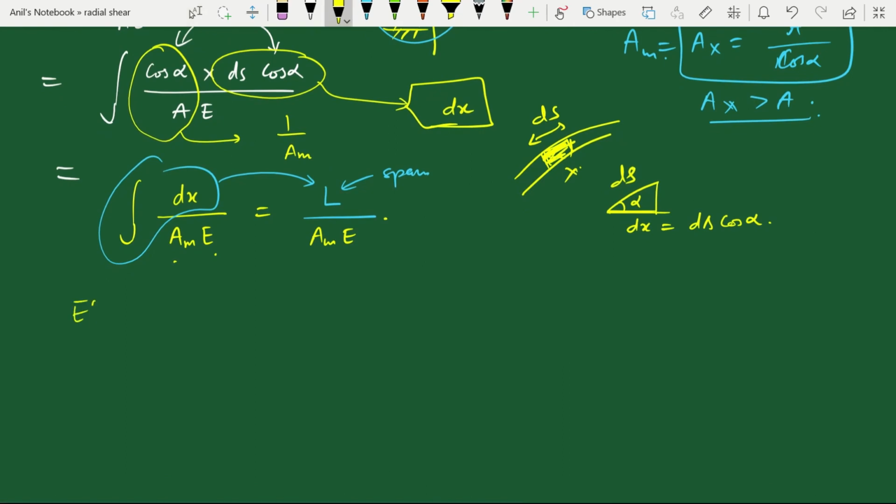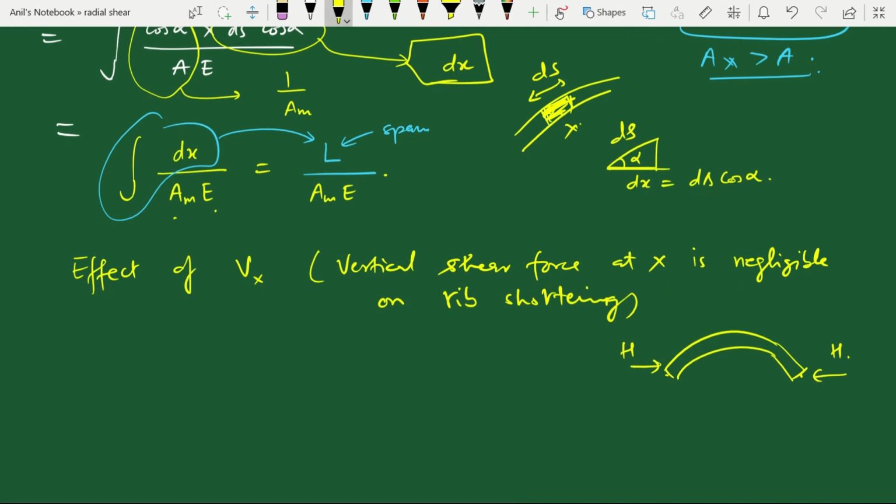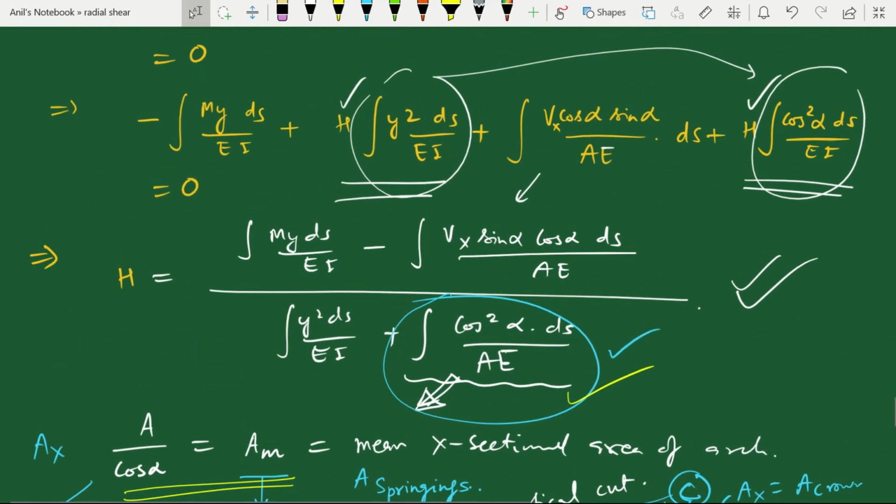Secondly, the effect of Vx, which is vertical shear force at x, is negligible on rib shortening. So it is obvious, because rib shortening is mainly caused by normal thrust, with the major component of normal thrust coming from H, not from V. So the effect of V in this expression can be neglected.